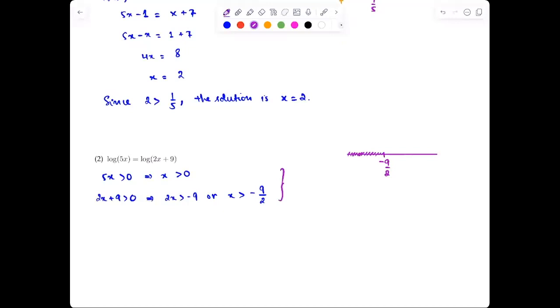And you have another line. This is 0. x greater than 0. So you get rid of this. And therefore, the answer is x greater than 0. So the domain of x greater than 0 satisfies both functions.